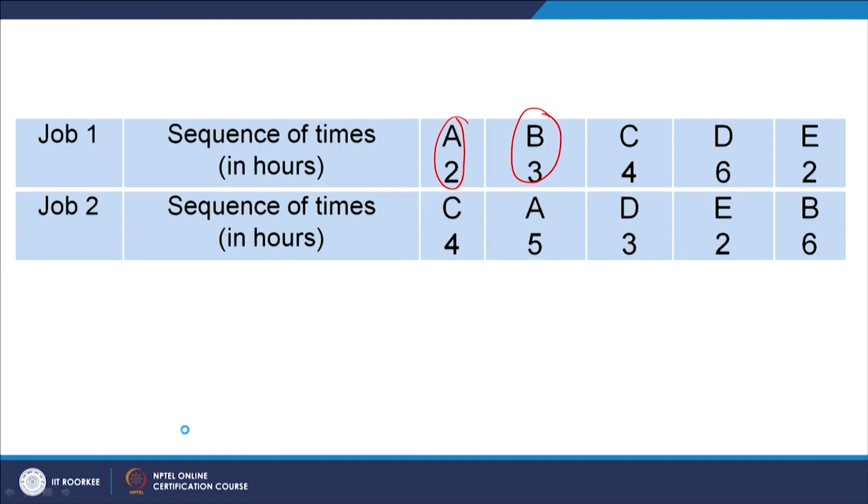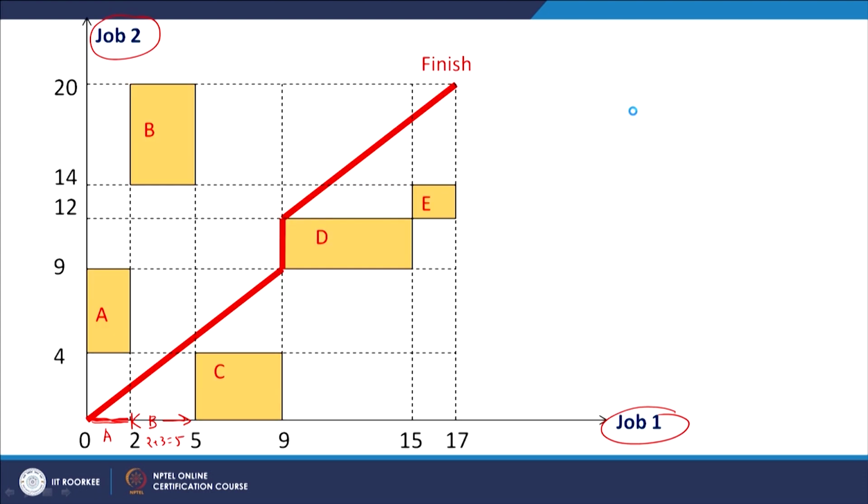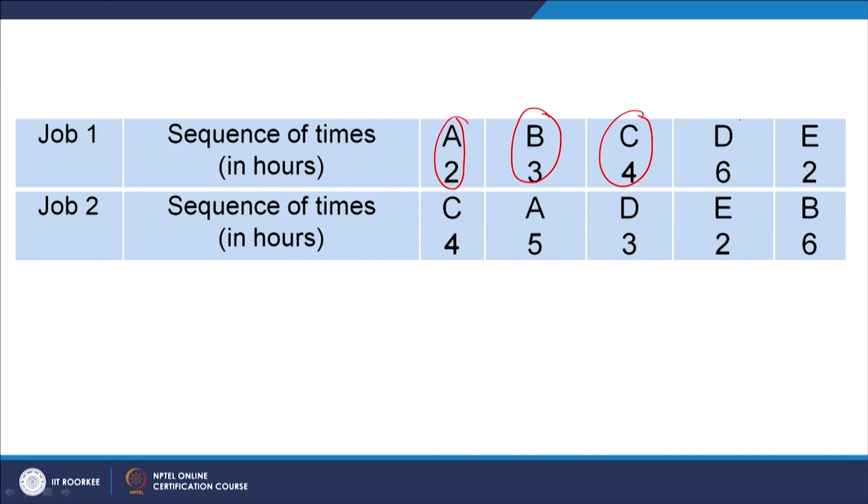Then comes the third one, that is C. C requires 4 hours. So, from 5 units we have to add 4. So, 5 plus 4 is equal to 9. This means this is C, right. Then again the fourth one is D. It requires 6 hours.